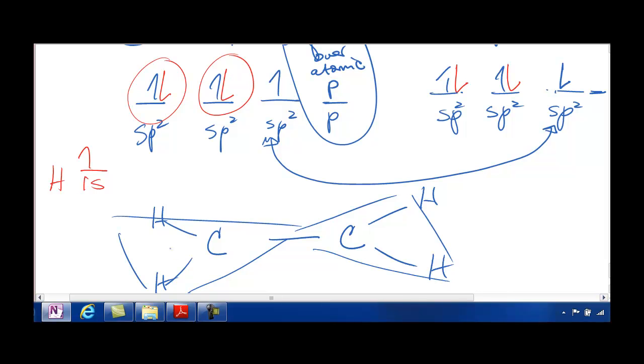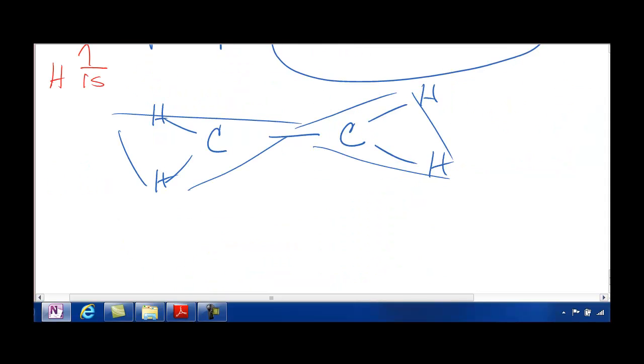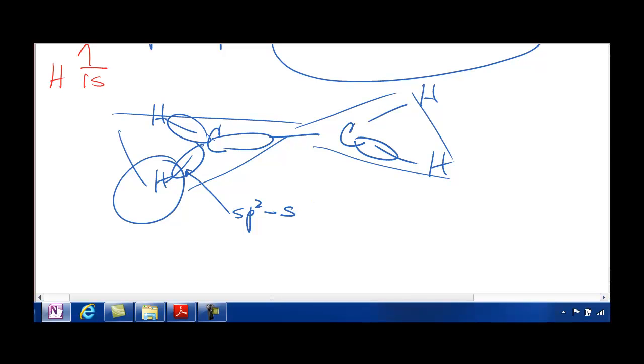And these angles here are close to 120. So this bond there is an sp2 of carbon overlapping with an S of hydrogen. This right here, same thing, sp2 and S. And this is an sp2 overlapping with another sp2 of carbon.